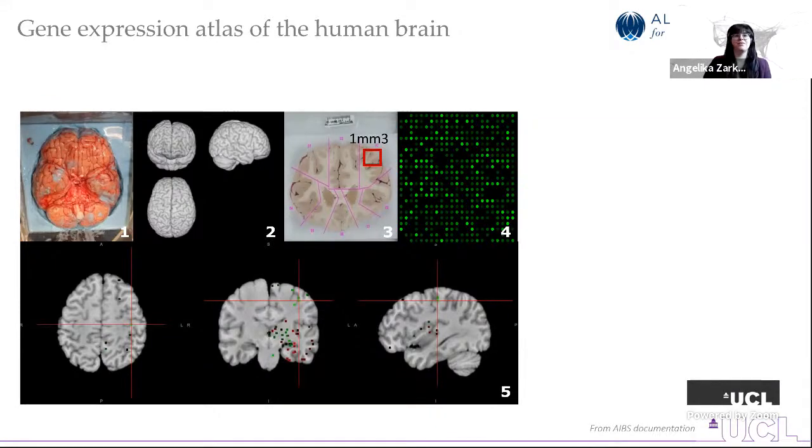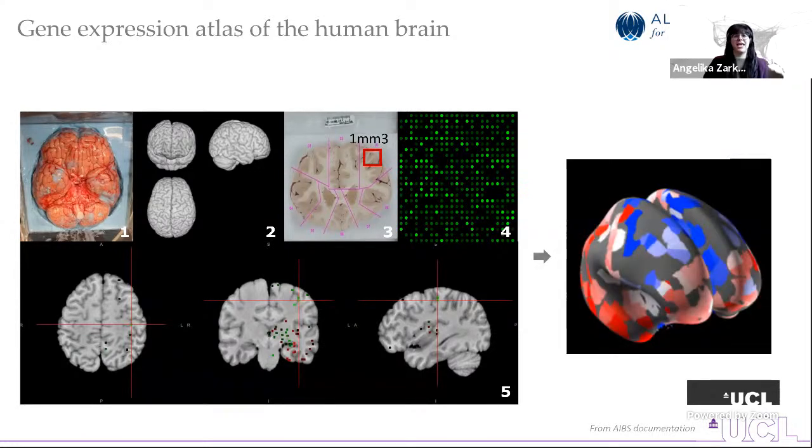They have actually marked them in the MRI of the brains that they did. So we have very useful information for thousands of genes. For a specific gene, you know how much that gene is expressed across different brain regions. Here, for example, for a specific gene, blue are areas where that gene is highly expressed, and red is areas where that gene is expressed at low levels.